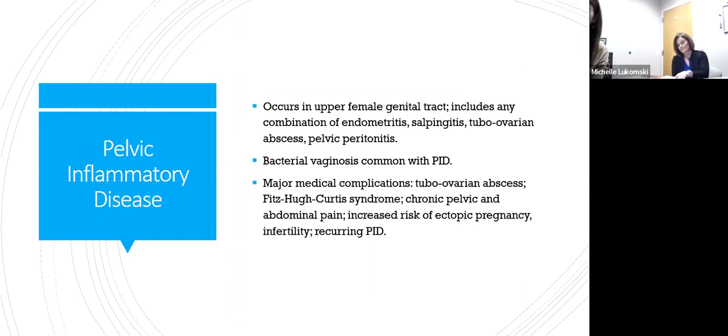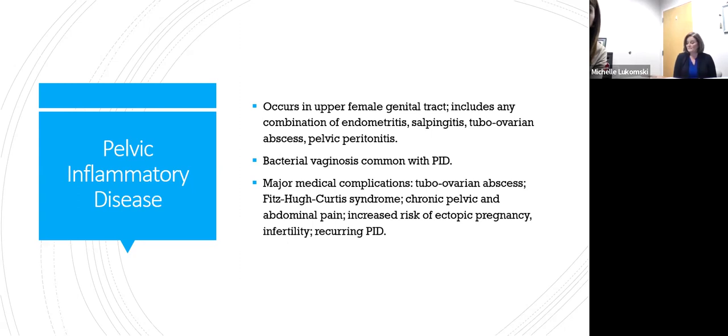So pelvic inflammatory disease, what can you tell us about this? Well, this is a sick individual. Most of the time they go to the ER or urgent care with PID, but I do see it in the office. The infection starts vaginally and ascends into the uterus and the fallopian tubes.